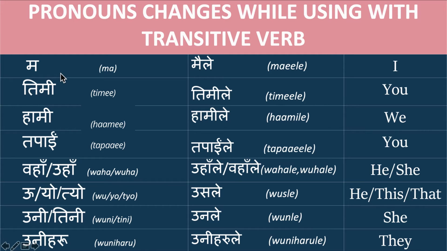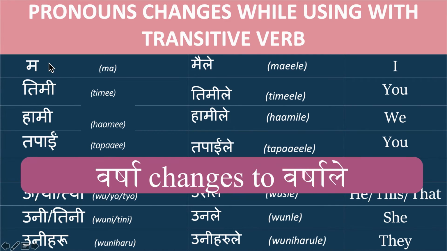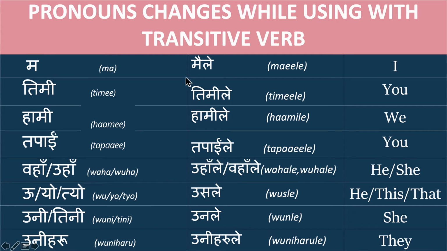Here I have used all the different kinds of pronouns. If you want to use a name, for example Barsha, you need to add Barsha le in the past or perfect tenses. Ma changes to maile. Timi, timile. Hami, hamile. Tapai, tapaile. Waha, uha. Wahale or uhale. U, usle.